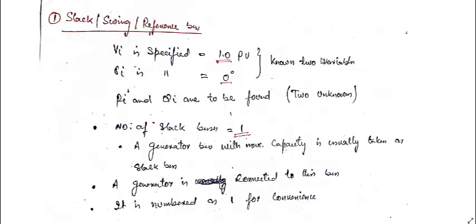So these two are the known variables, and the unknown variables for this bus will be Pi and Qi. The number of slack buses is only one. Even if we have 1,000 or 10,000 buses, the slack bus, that is the reference bus, is taken to be only one.